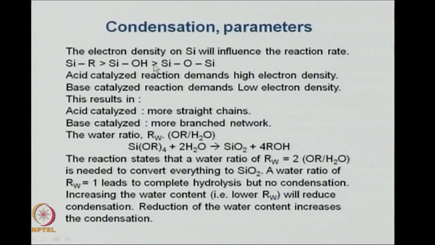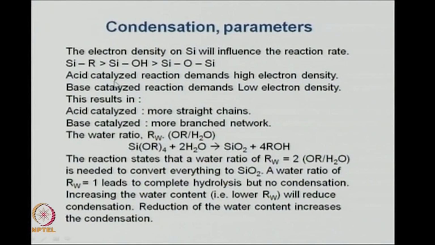Now, depending on electron density, you will have ease in acid catalysis or basic catalysis. For example, an acid catalyzed reaction demands high electron density on the silicon, so in this kind of situation acid catalyzed reactions will be preferred.